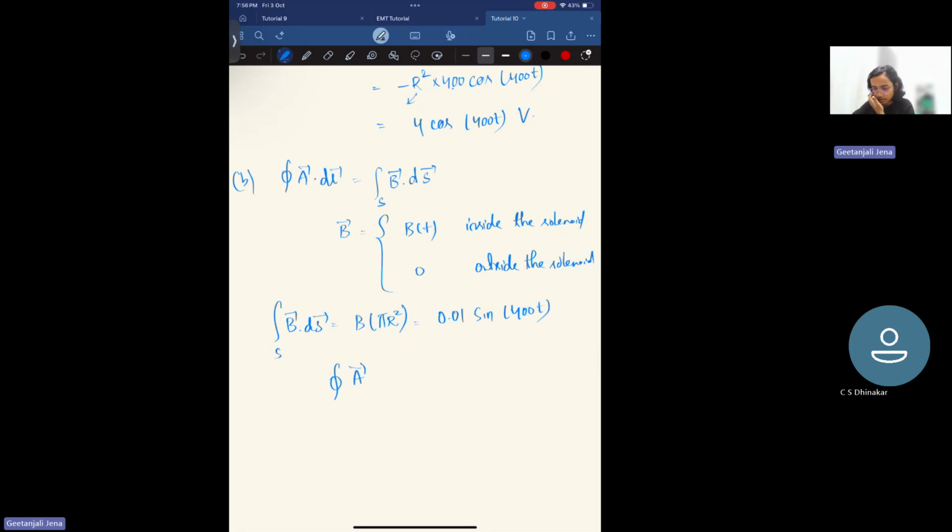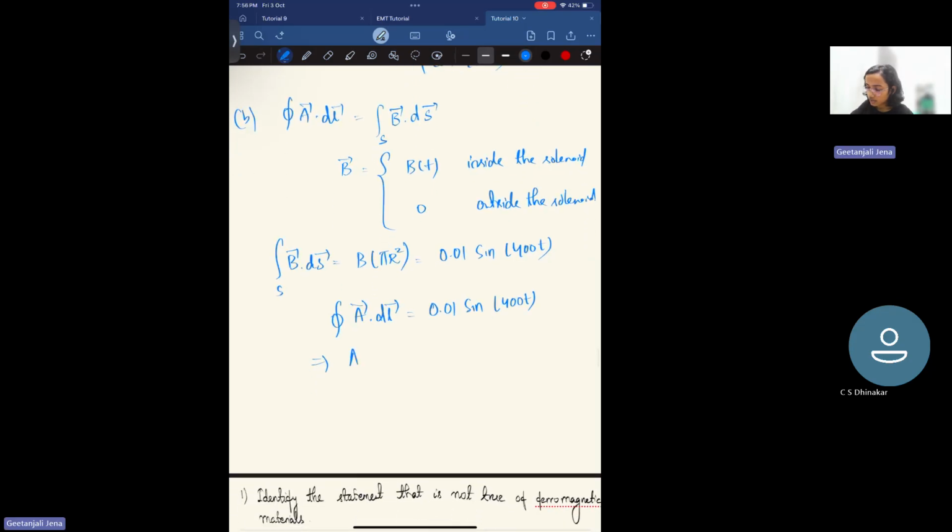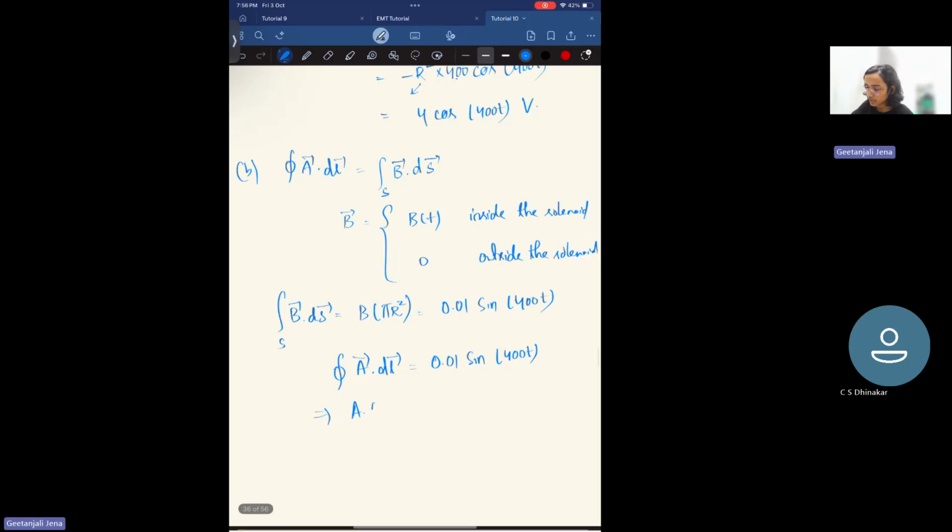Now let us see. The line integral of A dl should be equal to 0.01 sine 400t. A dl will be A times 2 pi r.